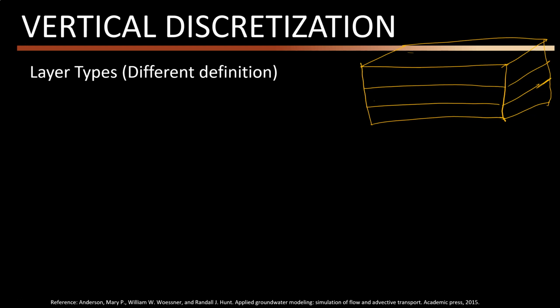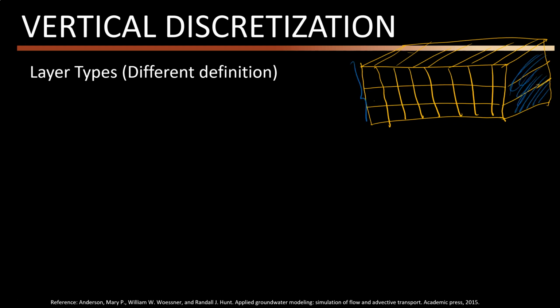But suppose that I'm looking from the side, and these are my cells. I have these on the other sides as well. Assume that I have defined a boundary condition here and a boundary condition here, and I have the flow, and assume that the groundwater table is something like this.